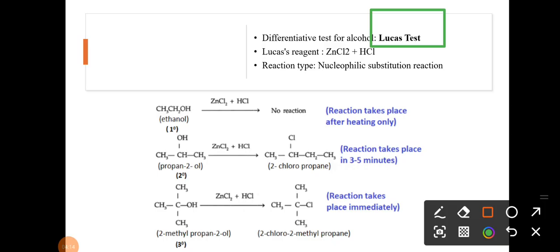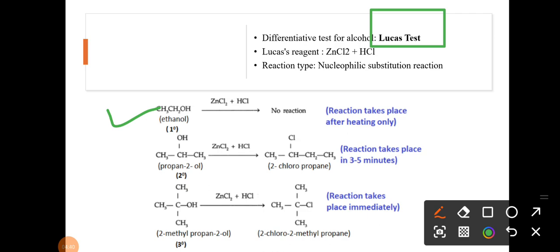Similarly, here are the alcohols to differentiate: primary alcohol, secondary alcohol, and tertiary alcohol. So how will we differentiate between these alcohols, right? When primary alcohol reacts with zinc chloride and HCl, there is no reaction, right? Very important. In primary alcohol there is no reaction. But in secondary and tertiary alcohol, how will you differentiate between secondary and tertiary?